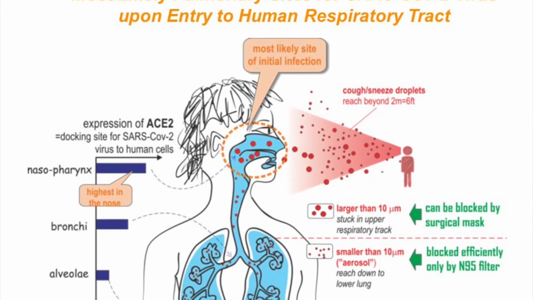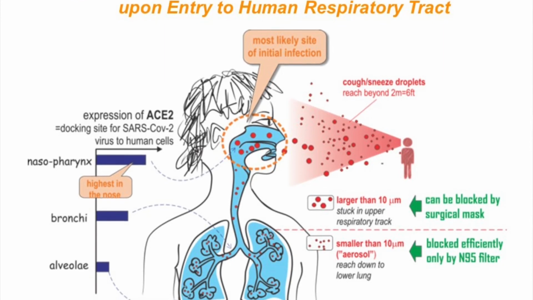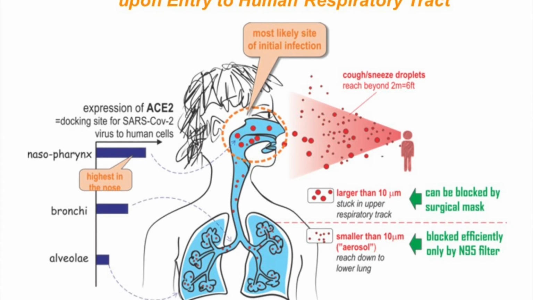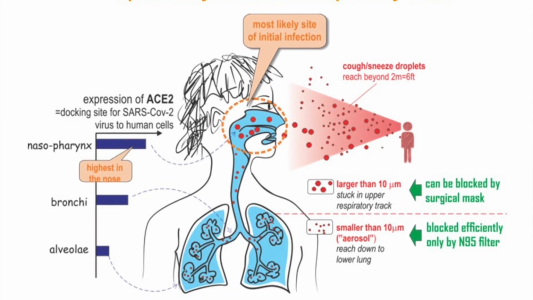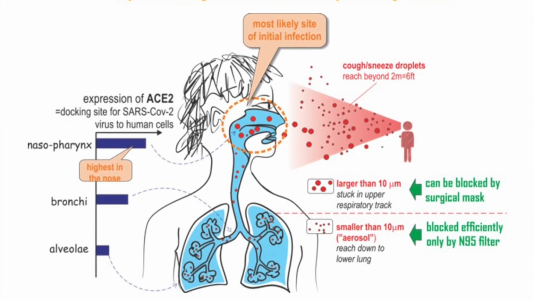Highest is in the nose, and the nasopharynx is tied to the oral cavity. That is why most people experience sore throat, runny nose, and ultimately cough. But the sore throat and runny nose seem to be the most common symptoms, even with the variations on the virus that we have seen so far.